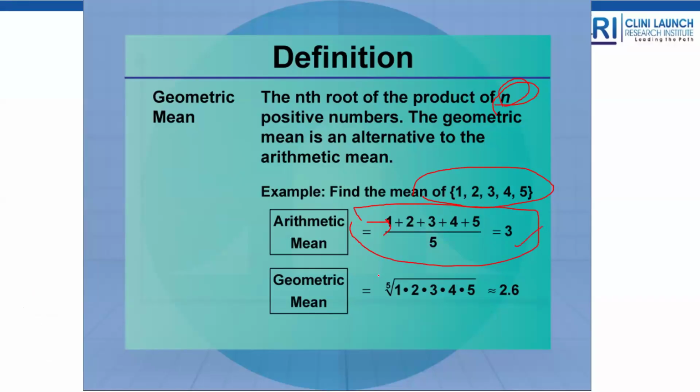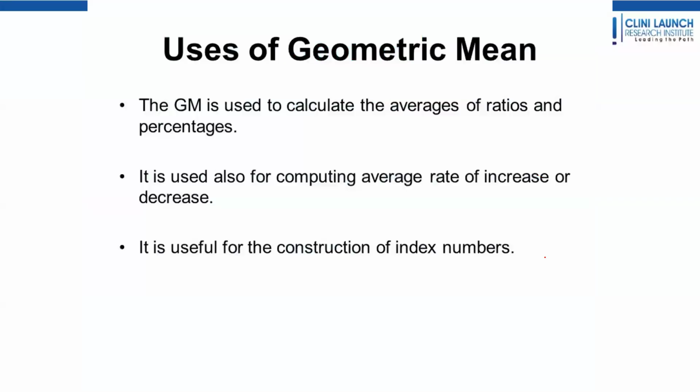In geometric mean, you take the 5th root, and you take the product, the multiplication. You multiply all this and take the root of it, you get the geometric mean. Somewhere it is near only. In what situations will you use geometric mean is the idea we are learning now.